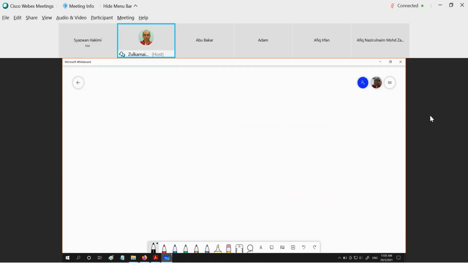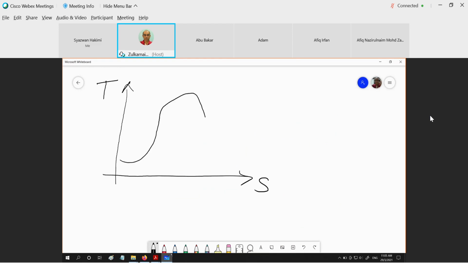Okay, so in our case, for superheated vapor, again, let us sketch the Ts diagram. This is our Ts diagram. This is the saturation line. So this is our case. Let's say I'm putting right here the state of 2 in the mixture region. So this is 1, 2, 3, 4.